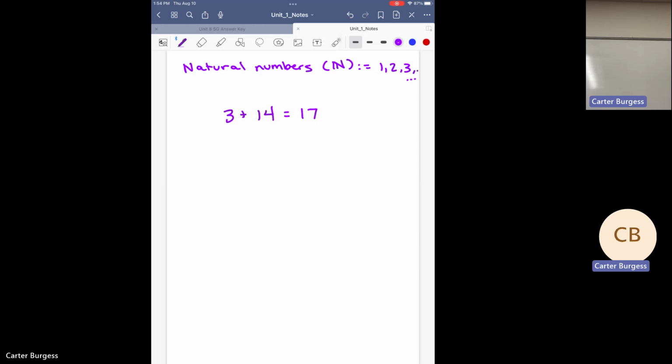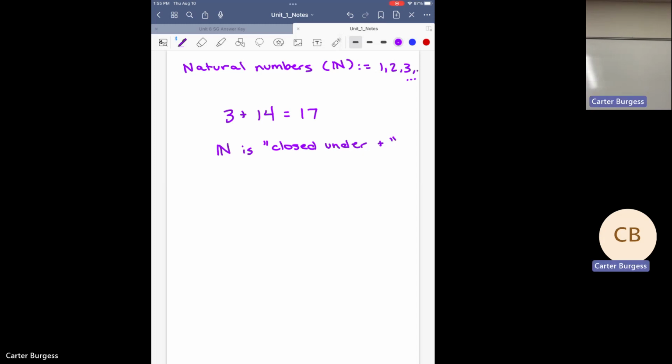No. Now, this idea of enough, this idea that if I combine two elements with a particular operation and I land in the same set where I started, we call that closure. So the fact that adding two natural numbers will always give me a natural number, we would say that the set N is closed under this particular operation, in this case, addition.